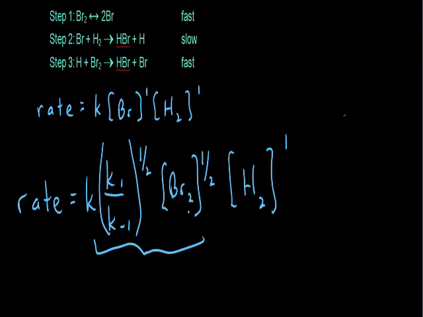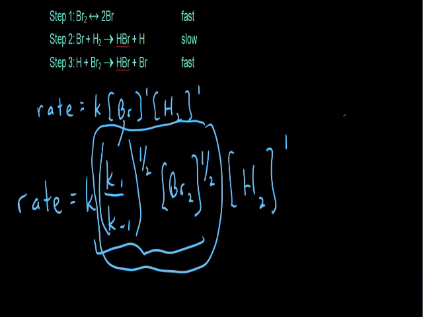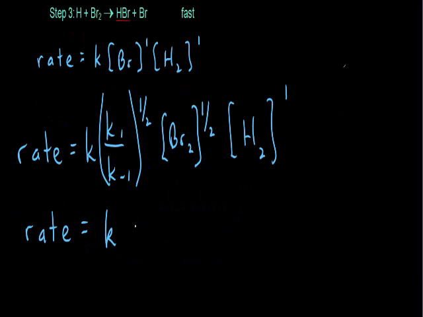Completing our substitution, we now have k1 over k minus 1 to the 1/2, Br2 to the 1/2. This has all been substituted for our expression for Br in our preliminary expression. Notice what this does. It eliminates the Br from our preliminary expression. Our next step, here we have k times k1 to the 1/2 over k minus 1 to the 1/2.